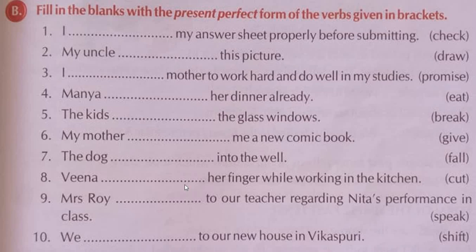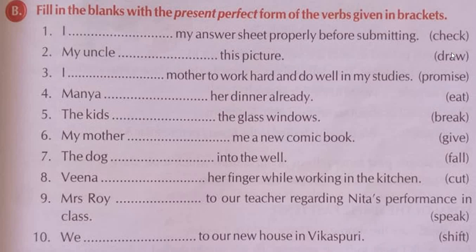And here one more important point. With present perfect tense, we add have or has. How does it form? Have or has plus the past participle form of the verb.